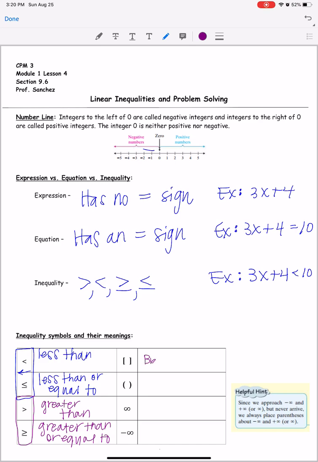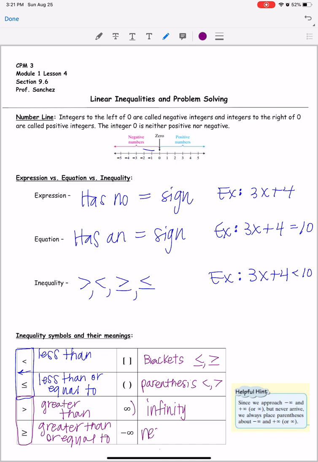Okay, then we have some brackets. Your brackets go with the ones with the line, so they go with your greater than or equal to and less than or equal to. Then you have parentheses. This goes with your less than and greater than symbols. You have infinity, and infinity always gets parentheses.